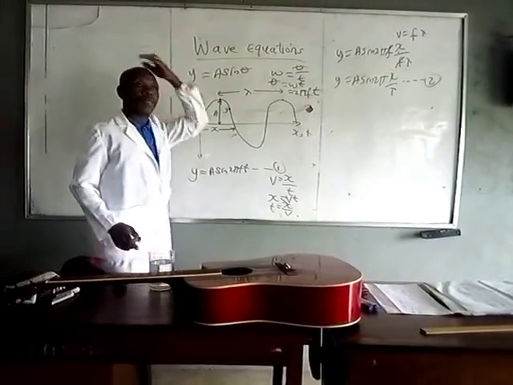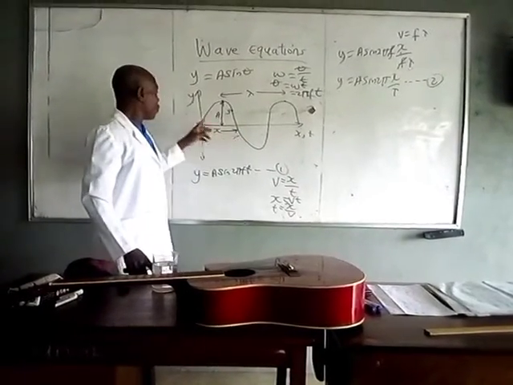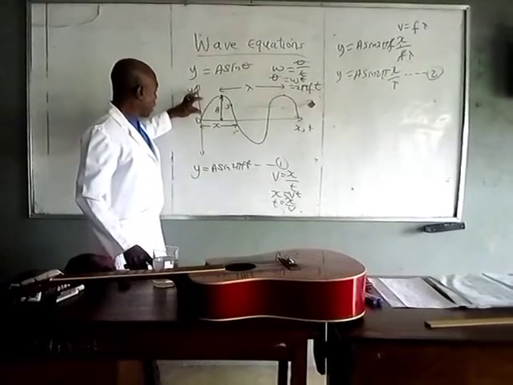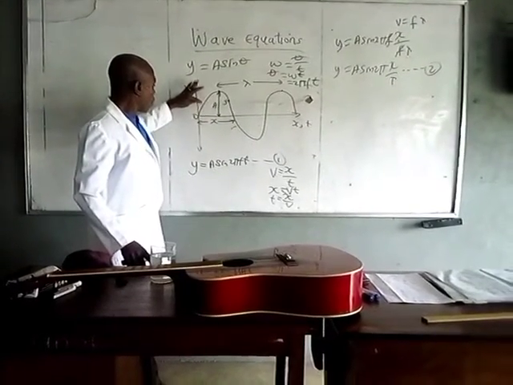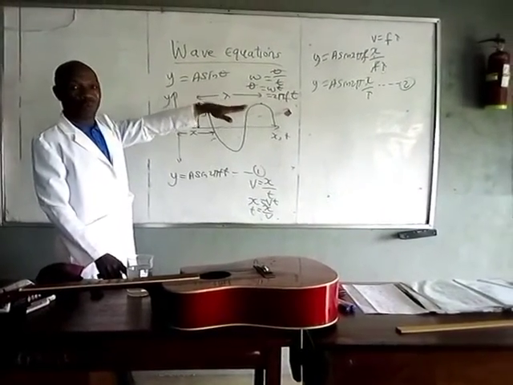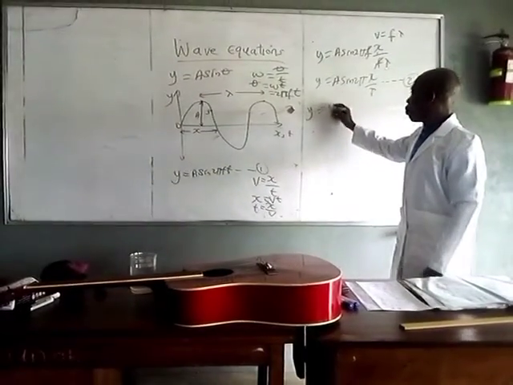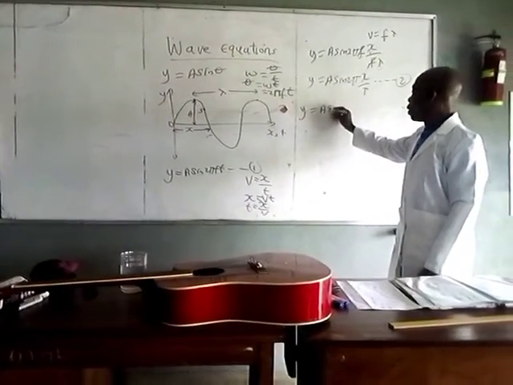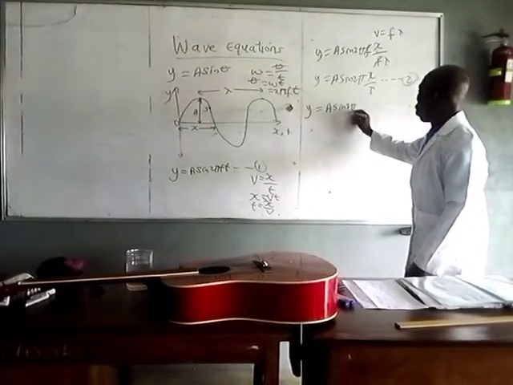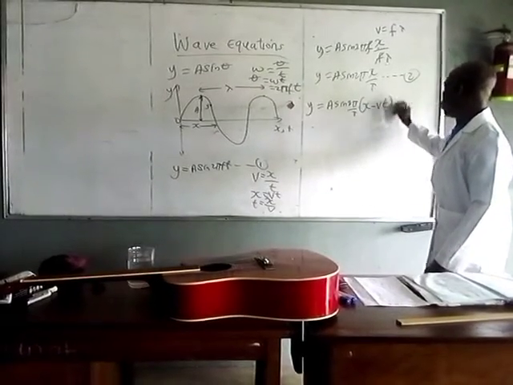On the other hand, if the wave did not start from origin 0 here, supposing it started from any other point other than 0, then equation 2 becomes y is equal to a sine 2 pi all over lambda times x minus vt.